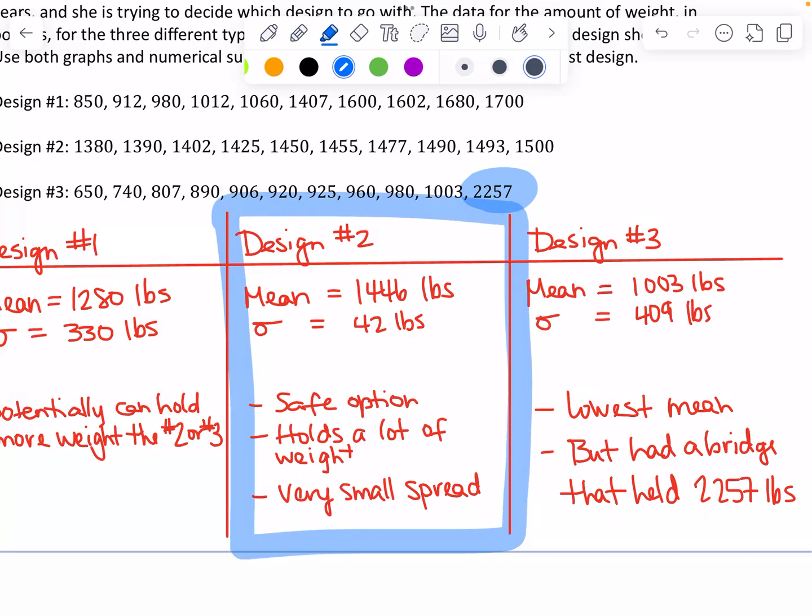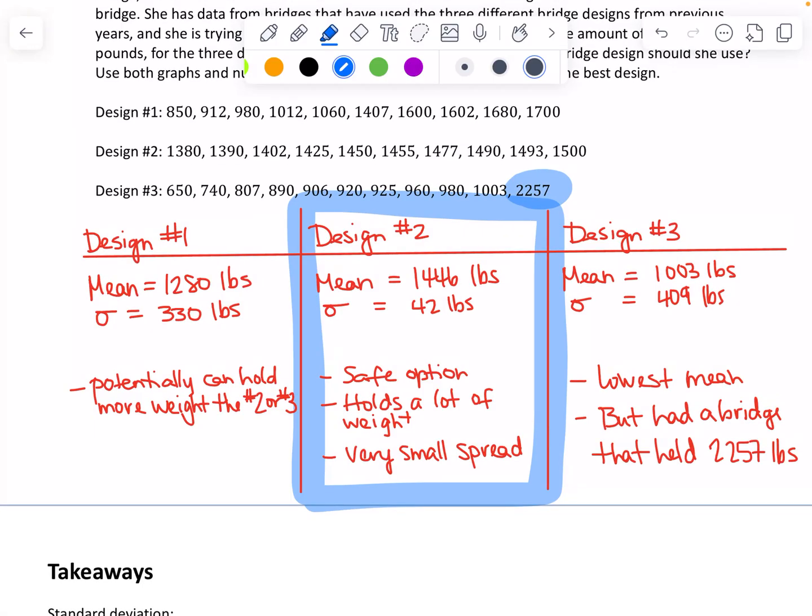All right, let's go ahead and do our takeaways. In our takeaways, we're going to list a few things that we learned about standard deviation. First, let's just define it, right?